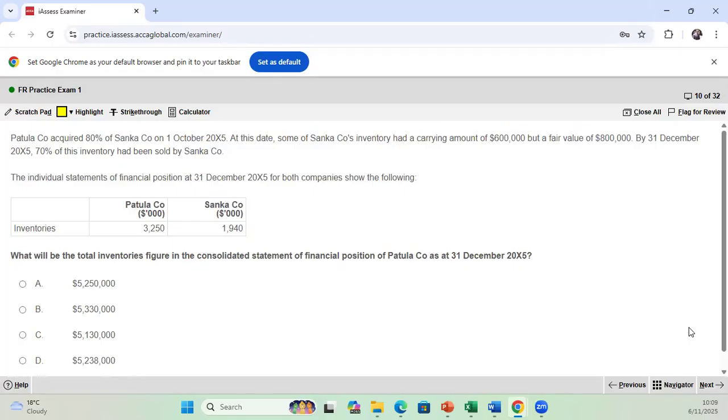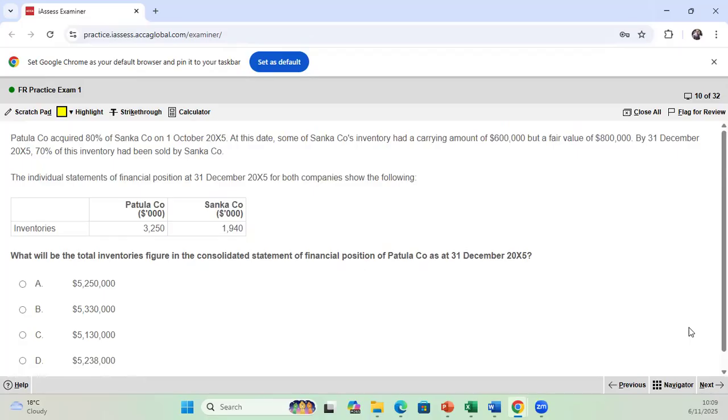So P acquired 80% of S on 1 October. So please always take note of the dates. This is 1 October, and we are required to consider 31 December. In consolidation, the apportionment is done by time apportionment on the income statement.